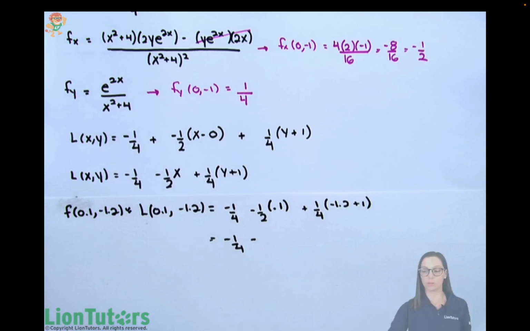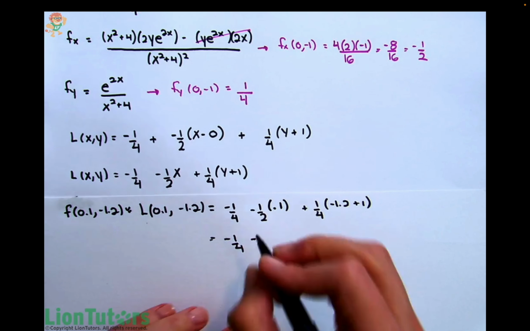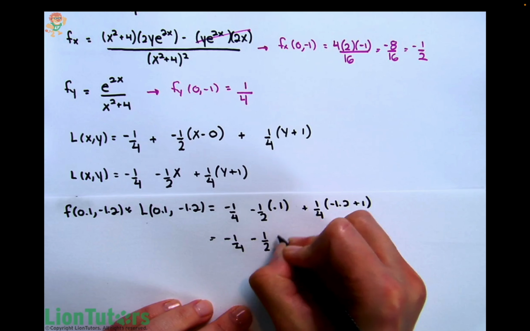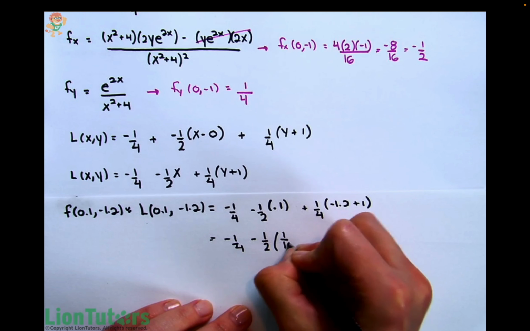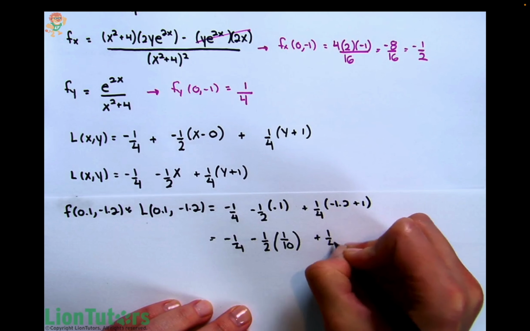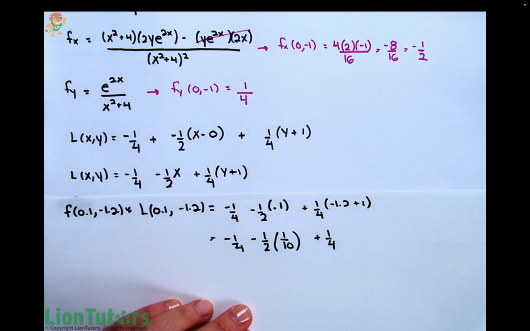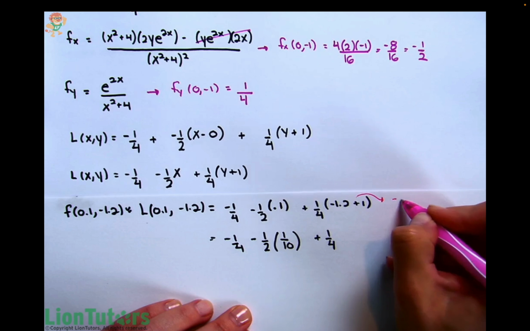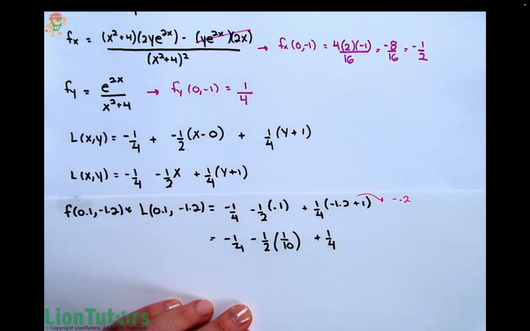So that's going to give us -1/4 minus... You can choose whether you want to work in fractions or decimals. I tend to prefer fractions, so I'm going to go that route. I'm going to convert that 0.1 into a 1/10 plus 1/4. This guy right here will be -0.2 inside of there.